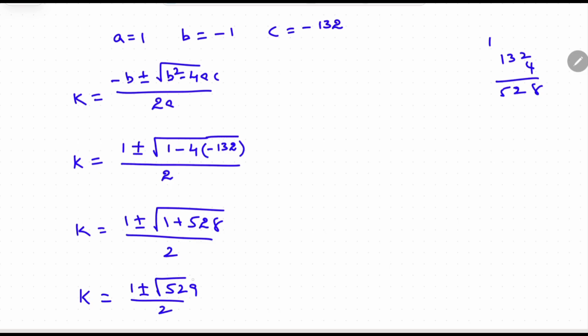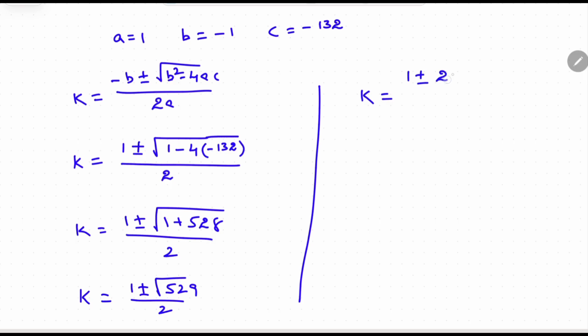Okay. So what is the root of 529 there? So we know that k equals 1 plus or minus, root 529 value will be 23, by 2. So k equals 1 plus 23 by 2 and k equals 1 minus 23 by 2.